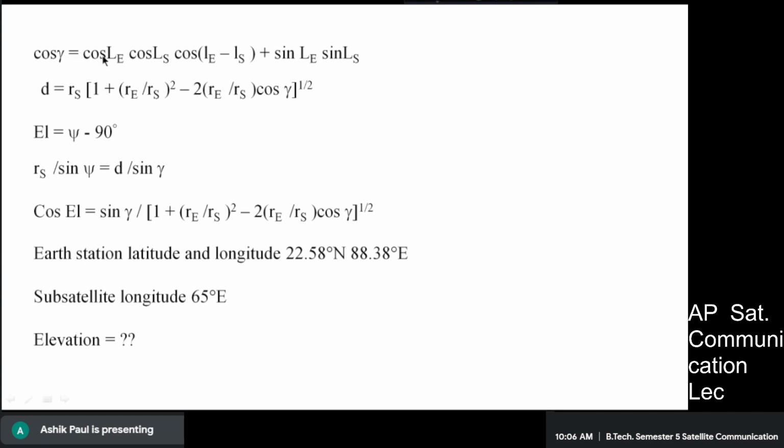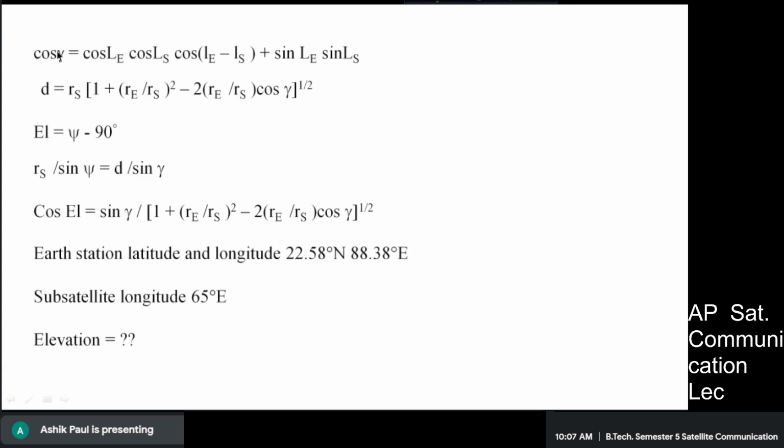So this capital LE is the Earth station north latitude. LS is the subsatellite point north latitude of the satellite, of course. The small le is the Earth station west longitude, and small ls is once again the west longitude of the subsatellite point, plus sine of this LE sine ls.